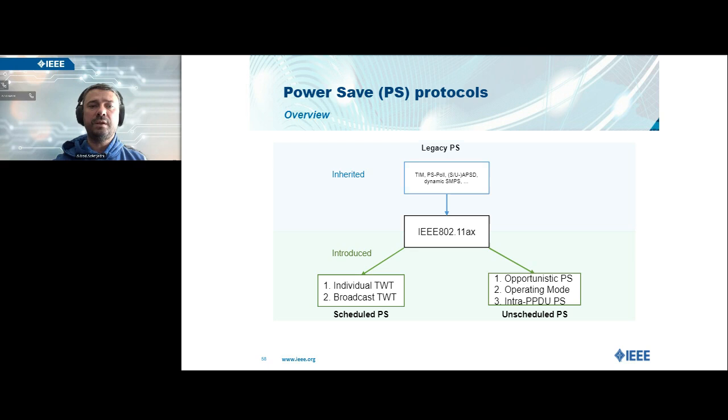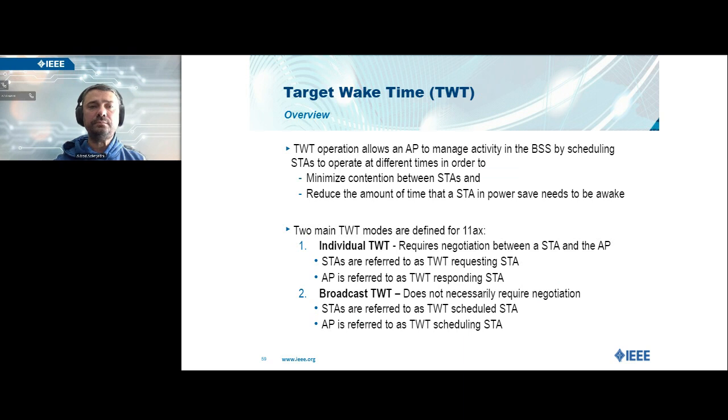One is TWT, which is classified as scheduled power save, and opportunistic PS, operating mode and intra-PPDU power save, which are unscheduled power save protocols. And we'll be covering all this, and we'll start with TWT.